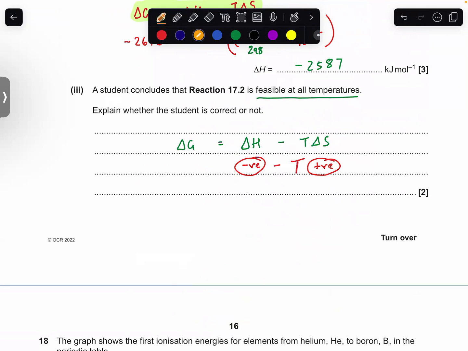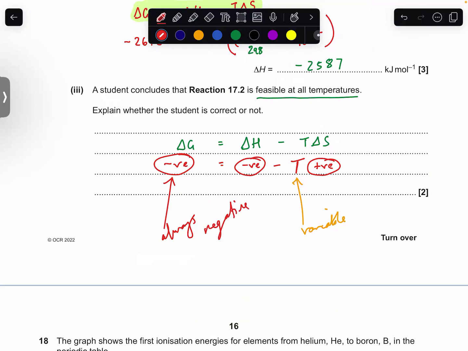So this is like our variable, whether it's low, whether it's high, delta G will always be negative. And putting that into words, you'll get your 2 marks.